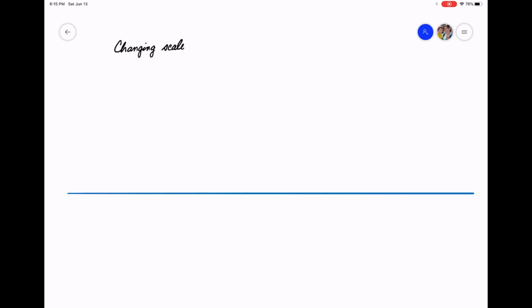So we're going to learn that by first drawing out a scale, and then we're going to put 1 gram, 1 liter, or 1 meter. And then what we're going to do is look at the prefixes that mean bigger than that, like kilo, and then look at the prefixes that mean smaller than that, like micro. But before we get into that, we actually need to learn about powers of 10. Because when we look at these changing scales, they're always going to be in powers of 10.